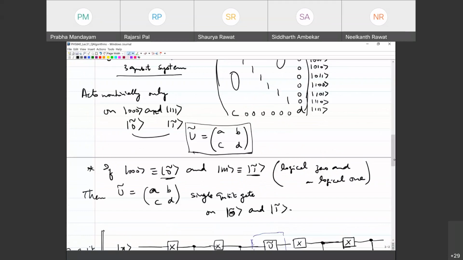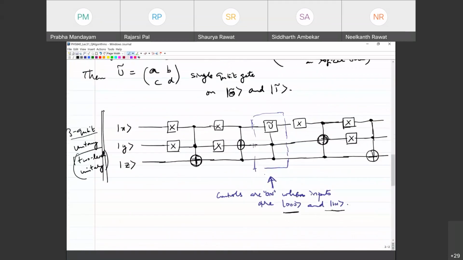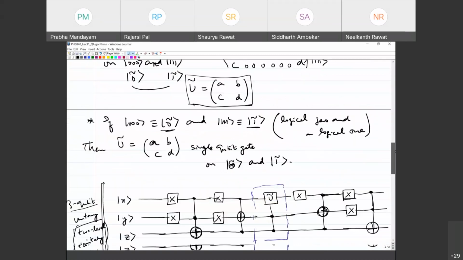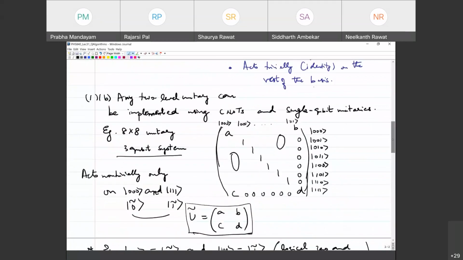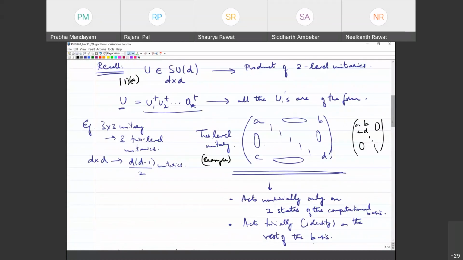Okay. So this is a kind of art and science in itself, right? How do you take an arbitrary unitary and break it down into the sets that you have, right? And so this seems to be the most elegant matrix algebra approach, that you first consider any arbitrary unitary as a sequence of 2-level unitaries like this.